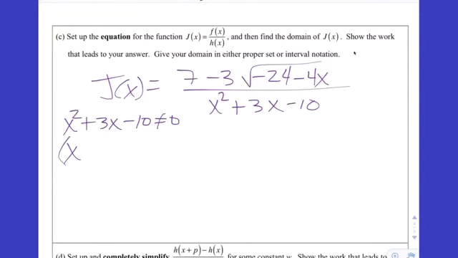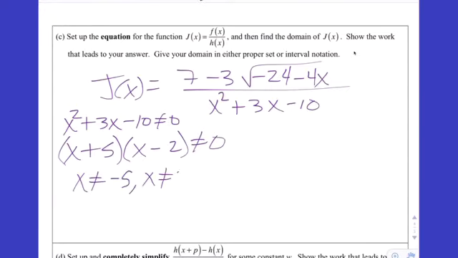Does that factor? Did I copy that down right? It's plus 3x minus 10. So what are the values that multiply to give you negative 10 that add up to 3? X plus 5, x minus 2, can't be 0. So x can't be negative 5, and x can't be 2.